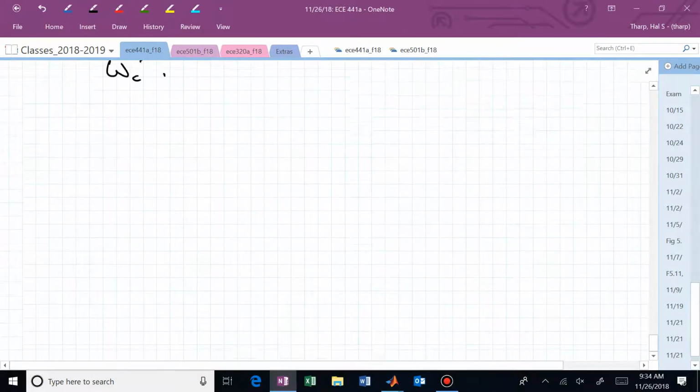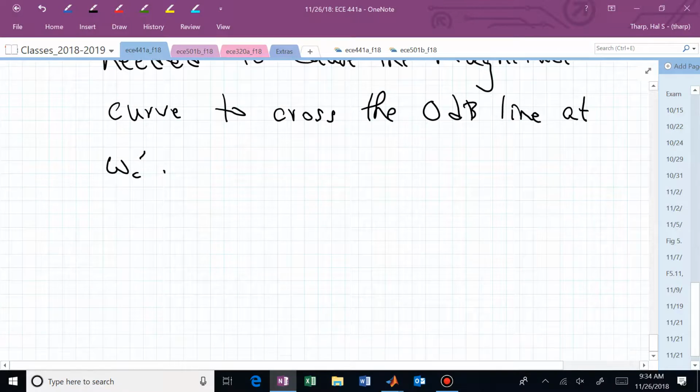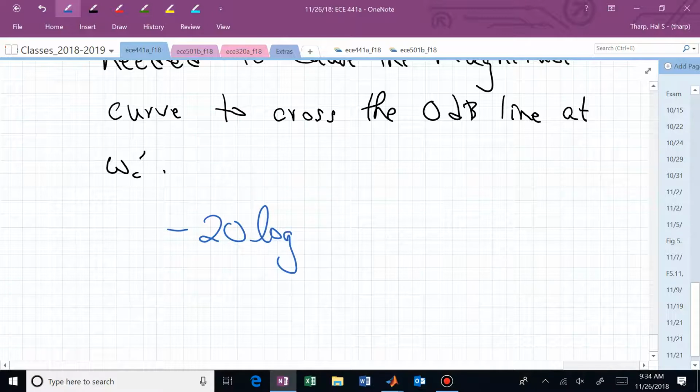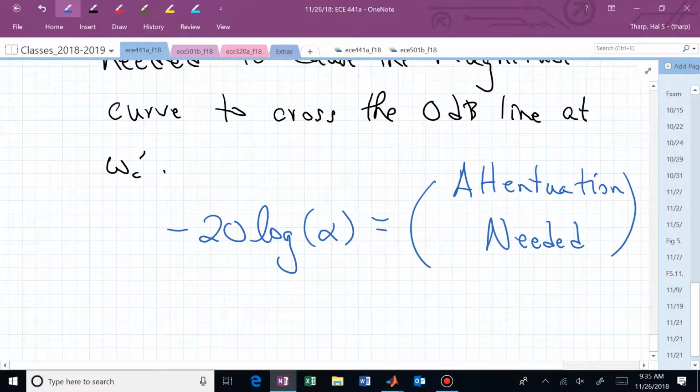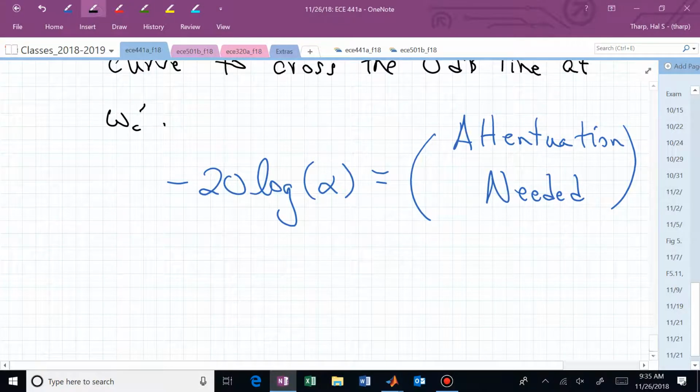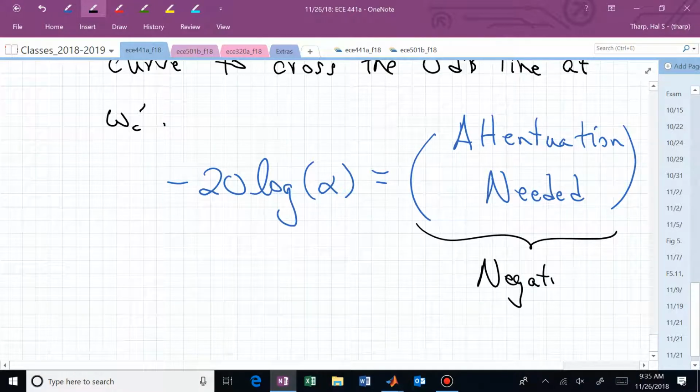So now we have the formula minus 20 log of alpha. That's the separation between the pole and the 0. We set that equal to that attenuation needed value, which we said in our example was 30 dB. And in fact, this is a minus 30 dB. That needs to be a negative number.